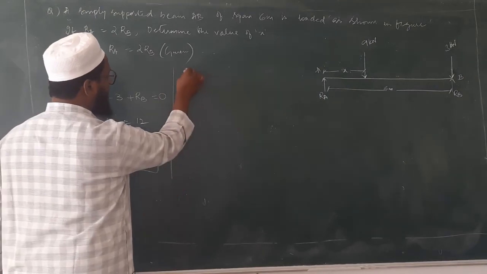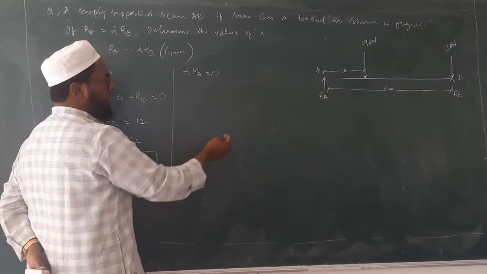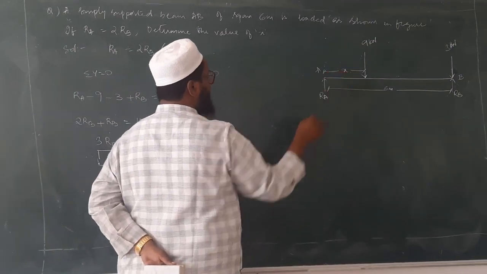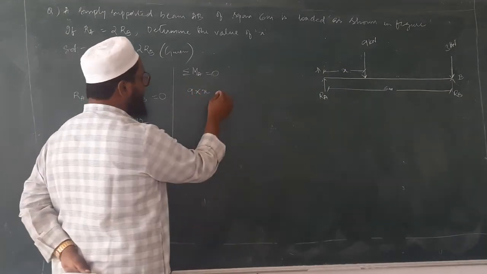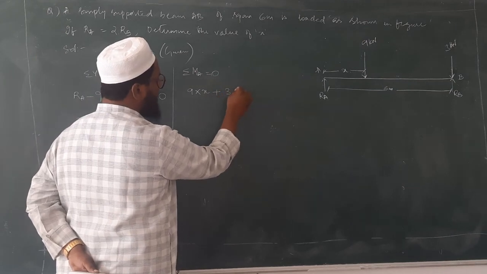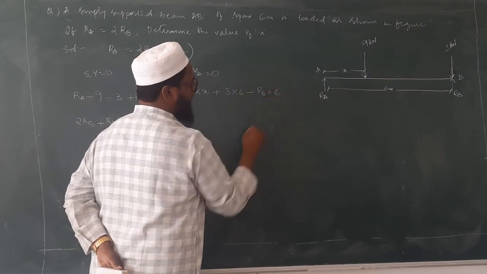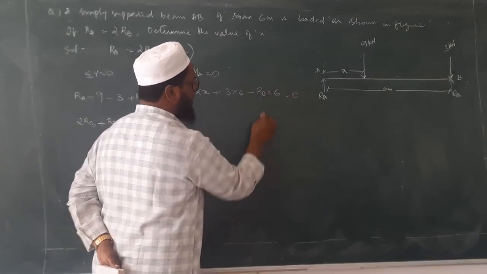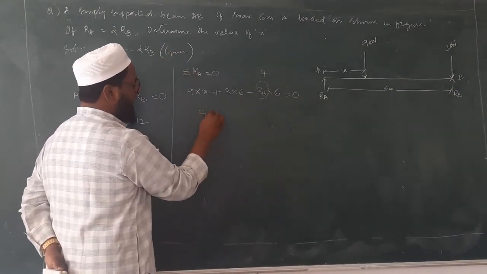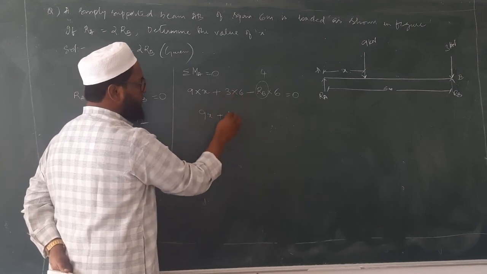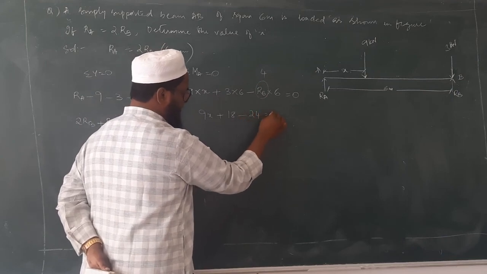So moment of all forces about point A is equal to 0. Keep your thumb on point A and see: 9 into x. Similarly, what about 3? Plus 3 into 6 minus RB into 6, is equal to 0. What is the value of RB? 4. So 9x plus 18 minus 24 is equal to 0.